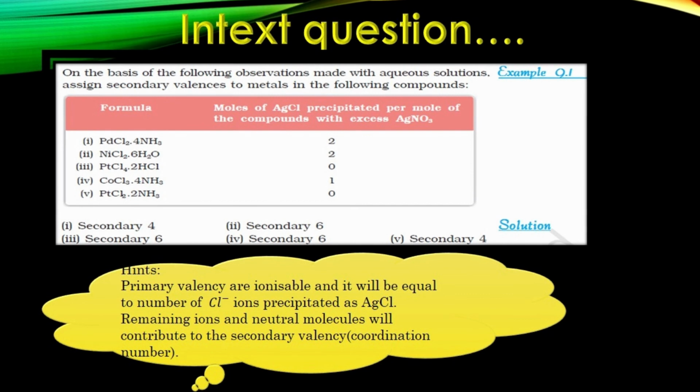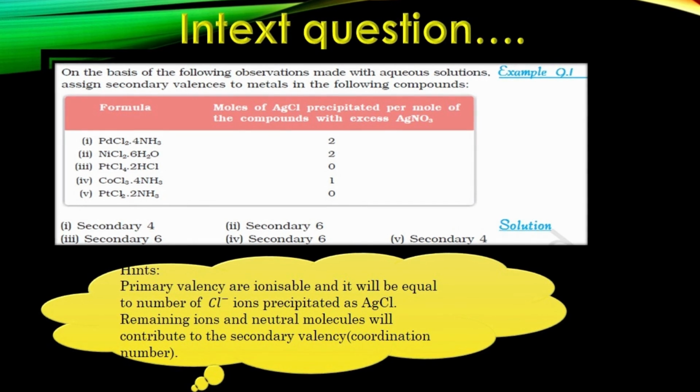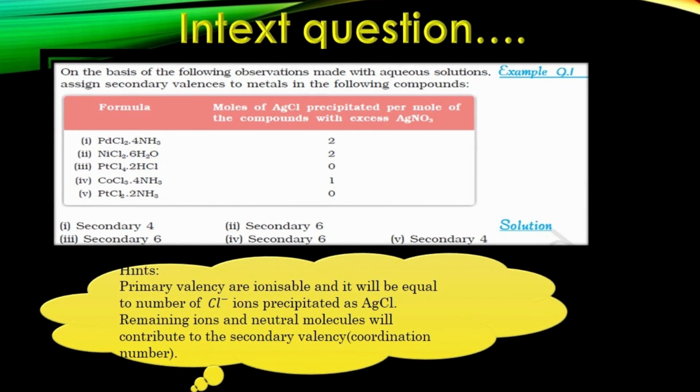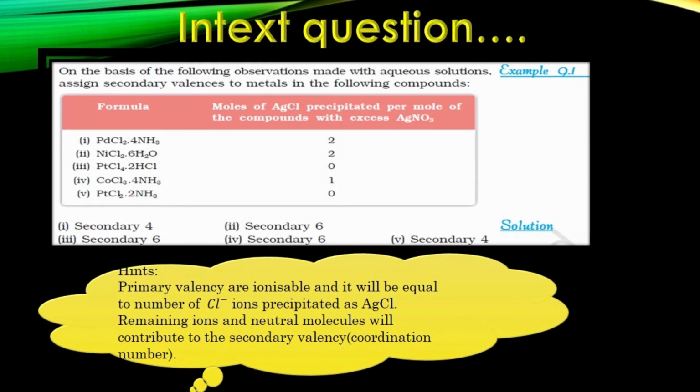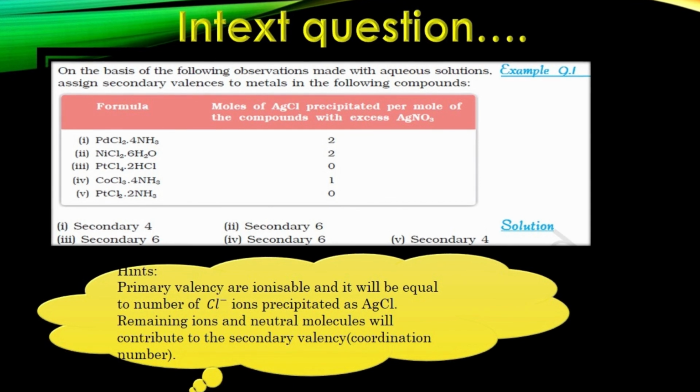Since it precipitates 2 moles of AgCl, 2 Cl⁻ ions will be present outside the square bracket. Now try to find out what is left out.